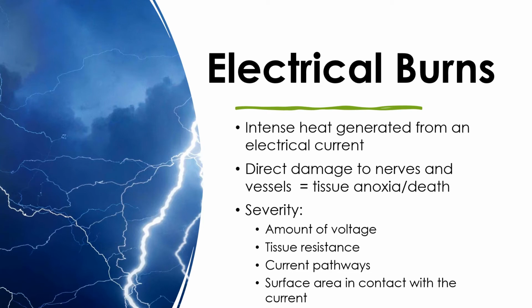The severity really depends on the amount of voltage. Is there tissue resistance? Where did the current pathway follow through the body is a big deal. And also the surface area in contact with the current. So those are the four main things we always need to keep in mind with the severity of electrical burns.